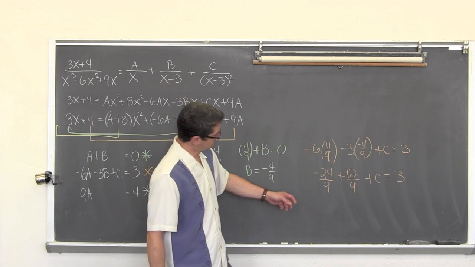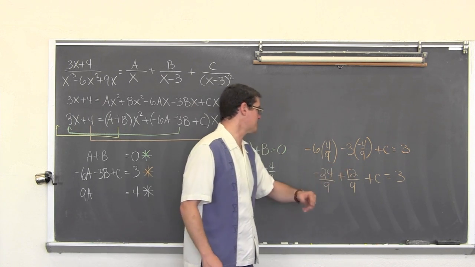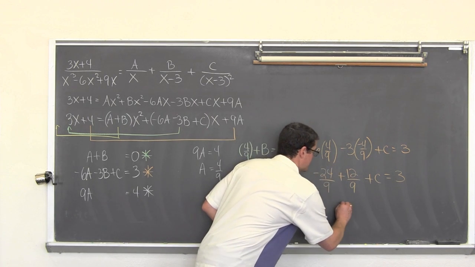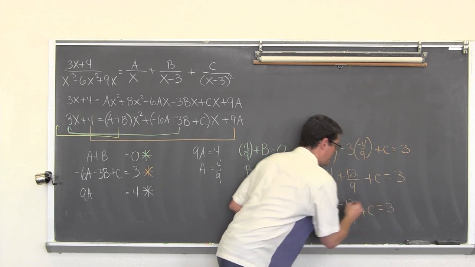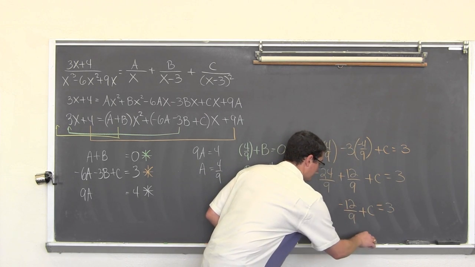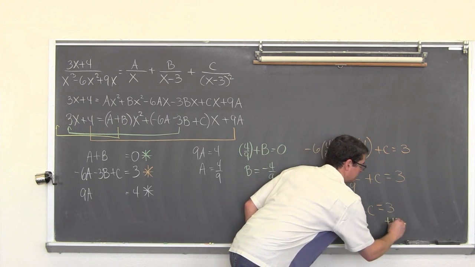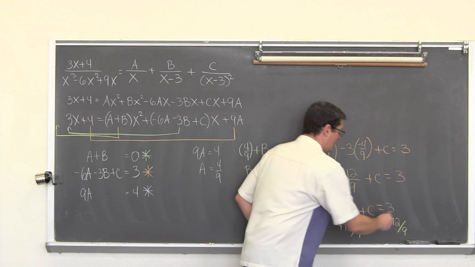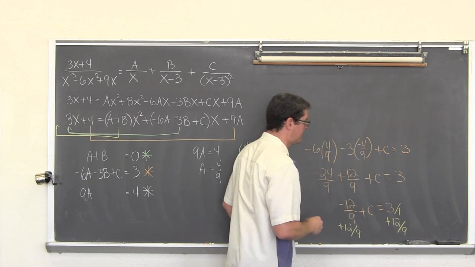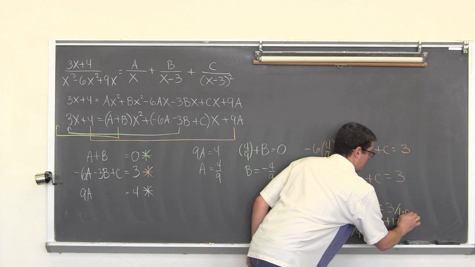We got negative 24 plus 12 is negative 12/9 plus C equals 3. We're going to go ahead and add 12/9 to both sides. But we need a common denominator, right? That's 3/1. So we're going to multiply that on the top and bottom by 9.